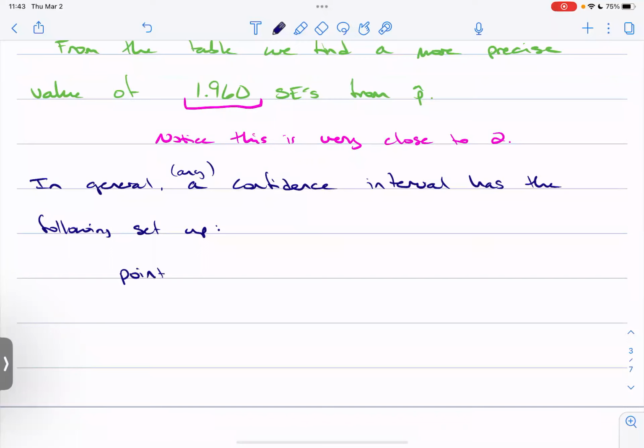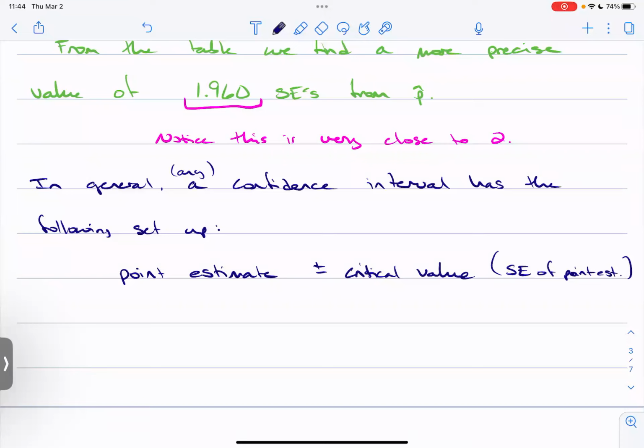Your point estimate, plus minus some critical value, times the standard error of the point estimate. So very, very generally.